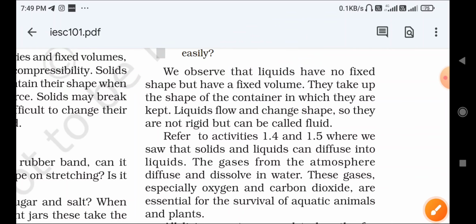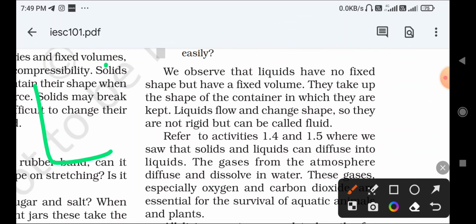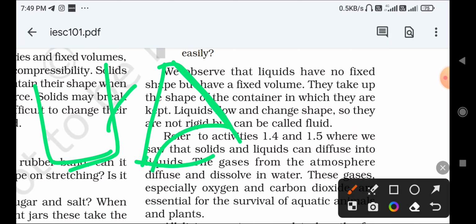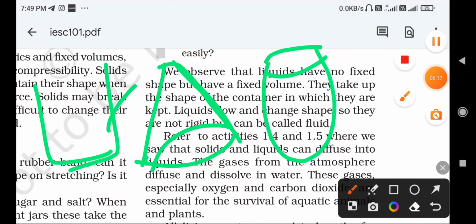We can fill it in a rectangular container and it will take a rectangular shape. If we fill it in a conical flask, it will take the cone shape. This is called a cone shape. It will also take the cone shape. And in a test tube, in whichever type of container you add liquid, it will take the shape of that container.